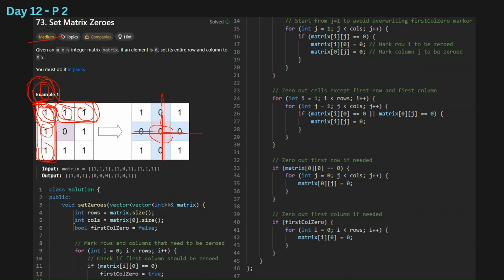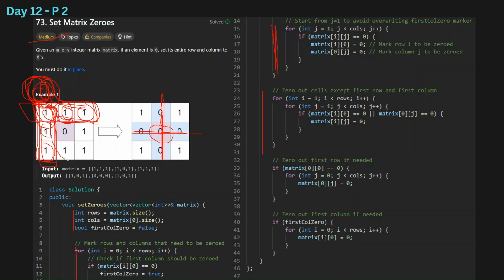First of all, we initialize rows and columns and set the variable over here, and then we mark rows and columns that need to be zeroed. So this is the function for it. And then we start from j equals 1 because we have to start from here, not here, and we have to avoid overwriting this variable over here. And then we mark the rows and columns to be zeroed. And then we zero out all the cells except the first row over here and the first column over here.